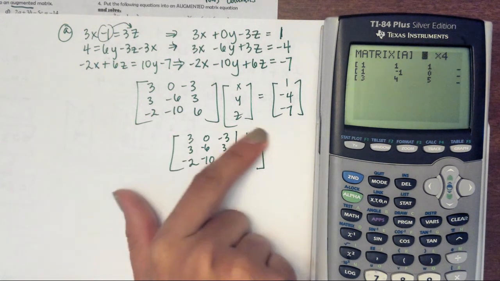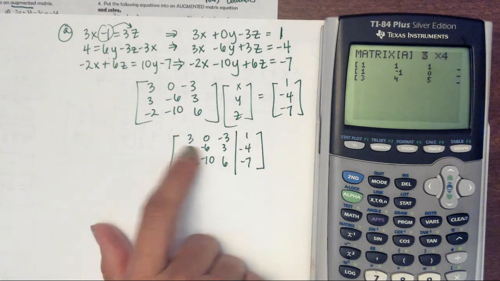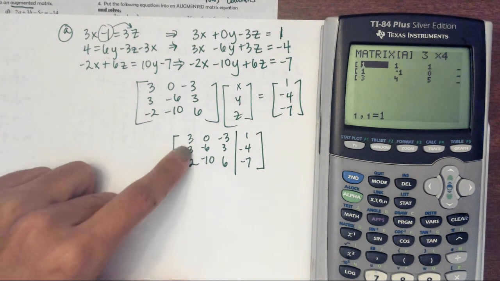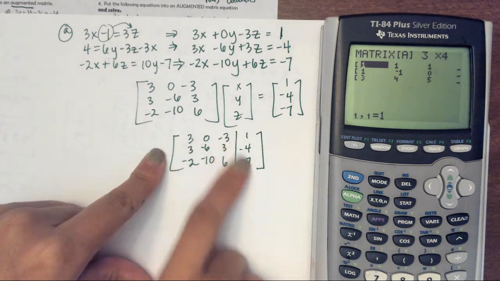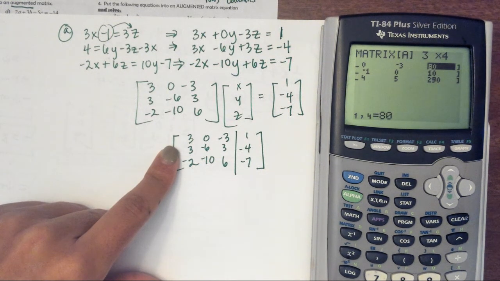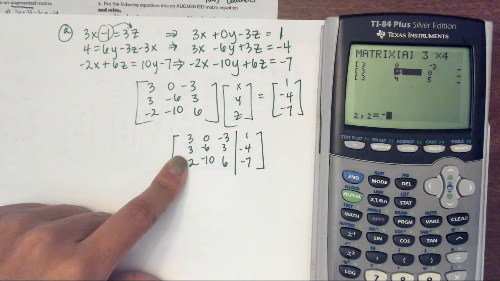So this whole matrix 1 is a 3 by 4. So 3 by 4, that stays the same. And now I'm just going to plug in all my info, including the numbers to the right side. So I have 3, 0, negative 3, 1. And then 3, negative 6, 3, negative 4.